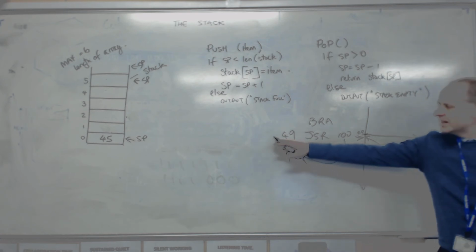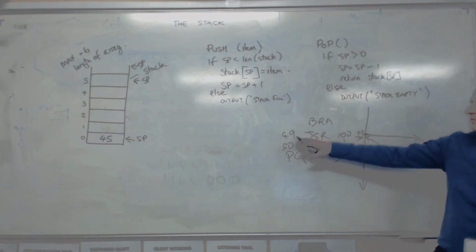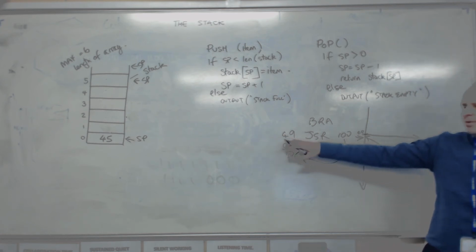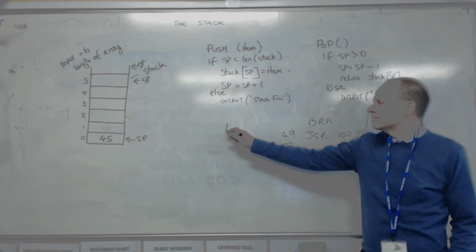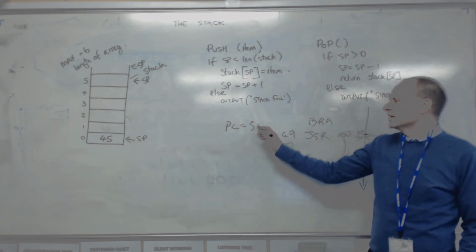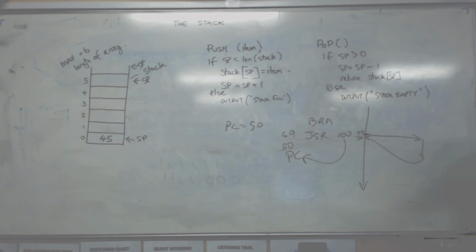So when I get to this instruction, I fetch it from memory. The program counter is incremented, and then we attempt to execute this instruction. So the program counter is currently 50, because it's been incremented. I go to execute this instruction.